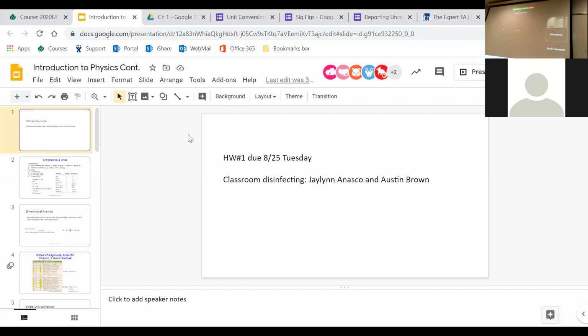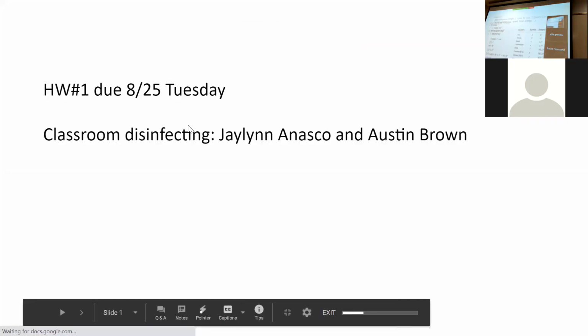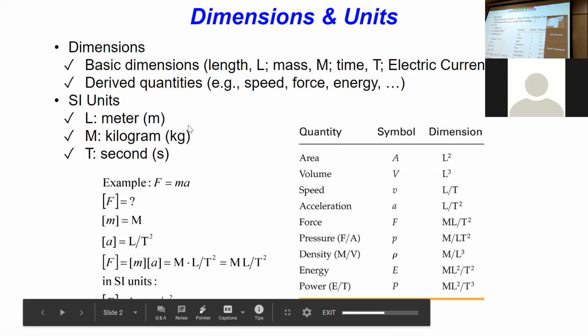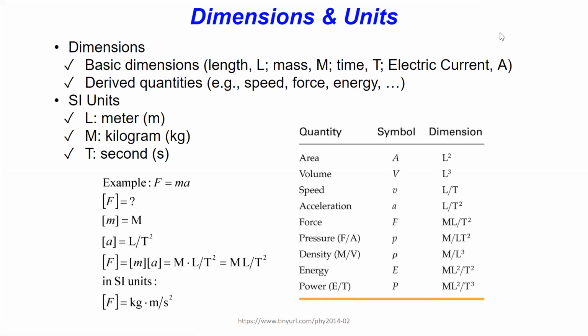So I'm going to just put this in presentation mode here. Last time we briefly talked about the scope of physics, what it covers, and then we talked about dimensions. So 4 basic dimensions: length, mass, time, and electric current.